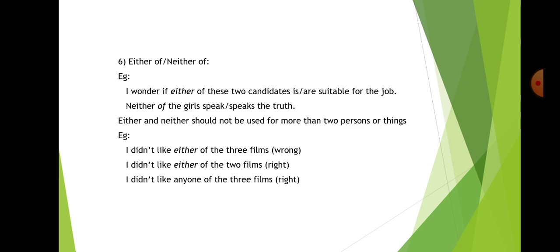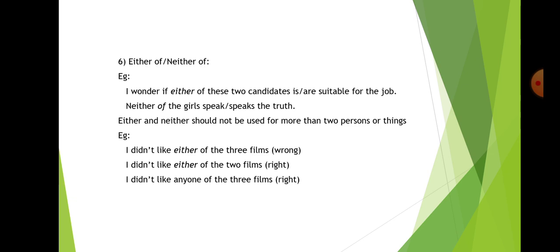Next, either of, neither of. For example, I wonder if either of these two candidates is or are suitable for the job. Neither of the girls speak or speaks the truth. Either and neither should not be used for more than two persons or things.